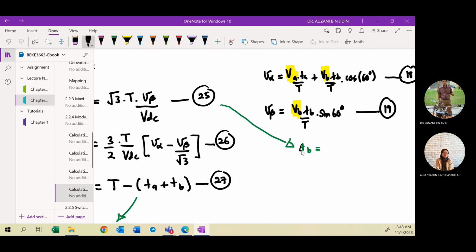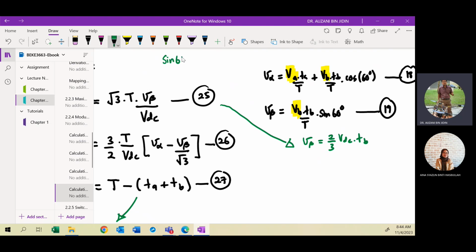We know that from equation 19, you can write like this, and VB is the magnitude value, where the VB value is 2/3 VDC. Then you have TB times sin 60 degrees. Actually the sin 60 degrees you can write as root 3 divided by 2. You check using a calculator, the value is 0.8666 and so on. So you can write the sine function as root 3 divided by 2. Please check, is it right?